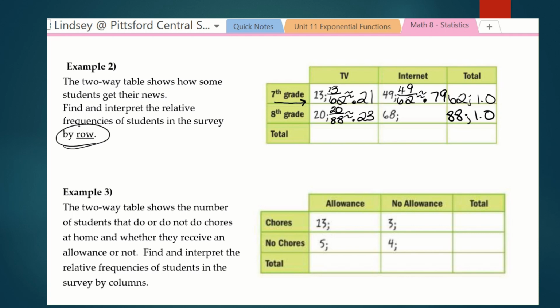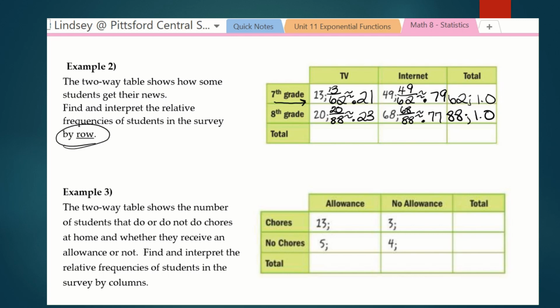And then looking at 68 here, so 68 out of the 88 students surveyed gives us a relative frequency of approximately 0.77. So looking at this, about 23% of 8th graders get their news from the TV, 77% get their news from the internet.